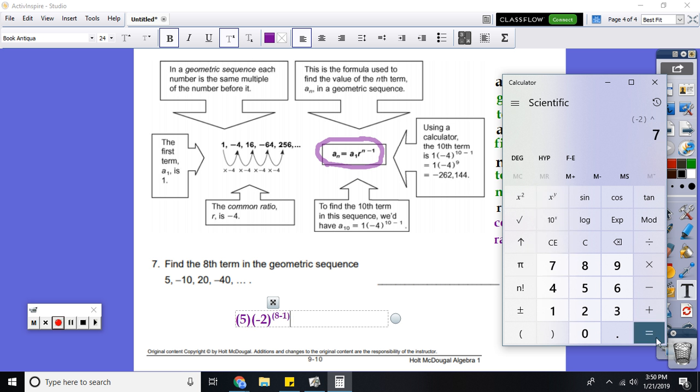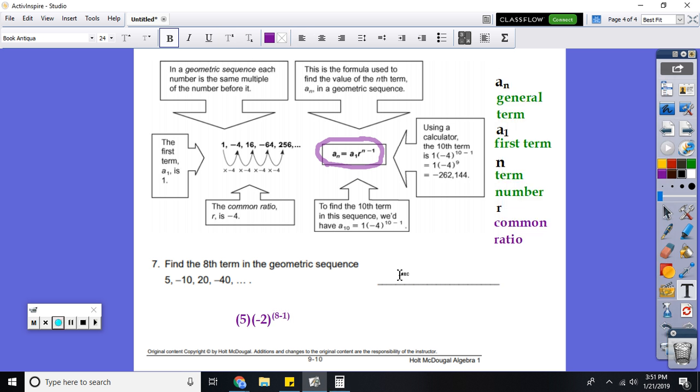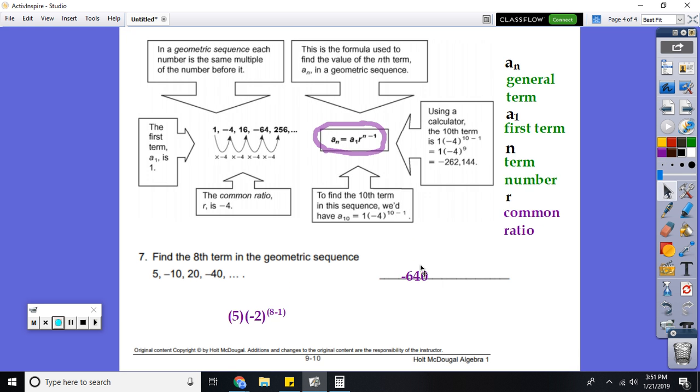So that means that I do -2 times -2 times -2, over and over again 7 times. And it gives me -128. And then I multiply it by 5, because multiplying comes after exponents in the order of operations. So times 5, -640. So that would be my 8th term in this sequence, -640.